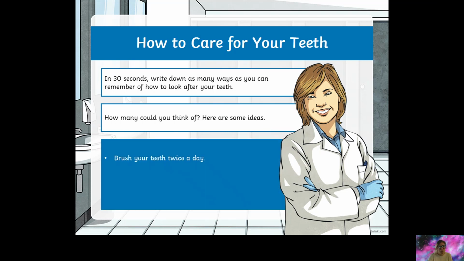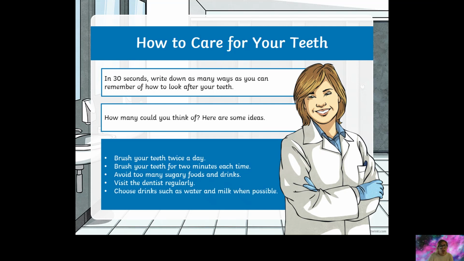Brushing your teeth twice a day is really important. Brushing your teeth for 2 minutes each time. Avoiding too many sugary foods and drinks. Visiting the dentist regularly, so you're supposed to go to the dentist every 6 months. Choosing drinks such as water and milk when possible, because they're much better for our teeth.